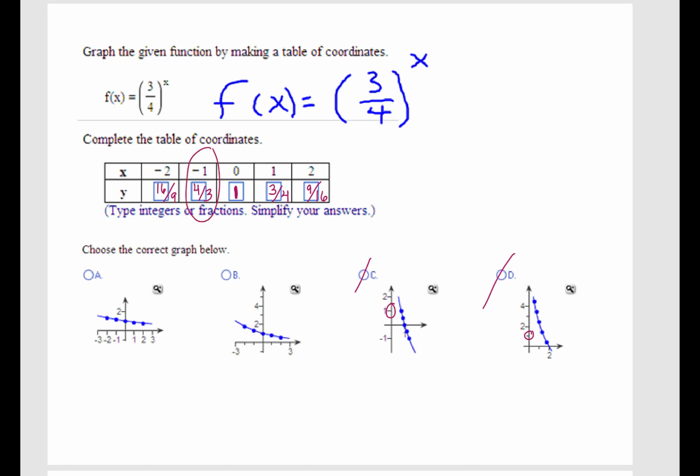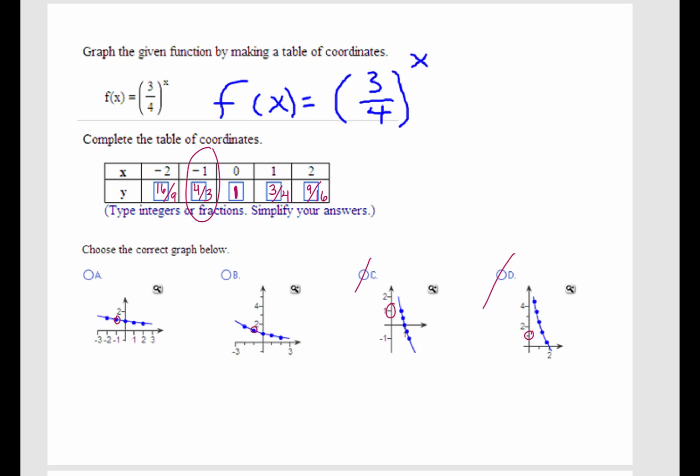So 4/3 would be 1 1/3. When I look at -1 on A, I'm like, okay, that could be 1 1/3. And I look at B and that could also be 1 1/3 for -1. So I'm looking at these points right here.